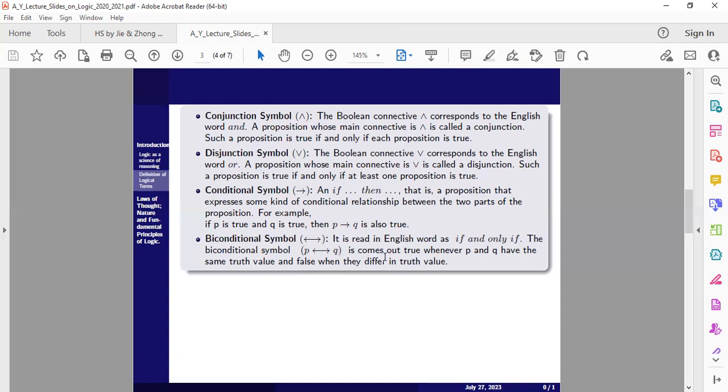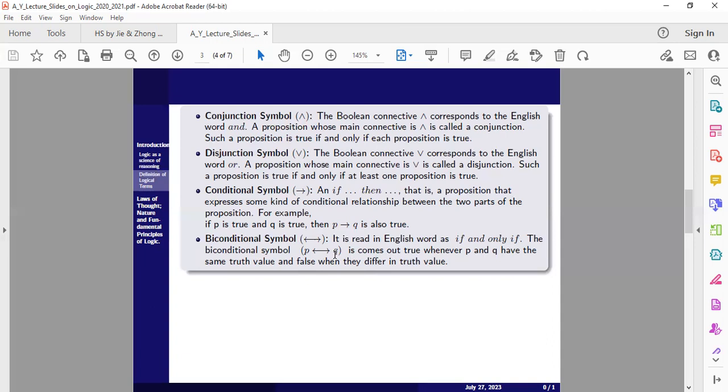If P is true and Q is also true, then true if and only if true is true. And if P is false and Q is also false, then P if and only if Q is true because they have the same false value.